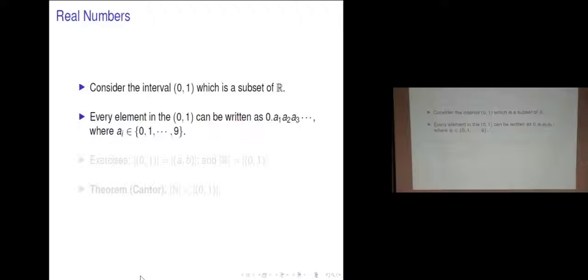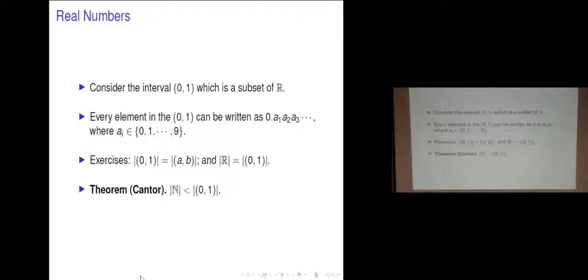So I can write the points between 0, 1 as 0 dot A1, A2, A3. For example, A1 could be 1, A2 could be 2, A3 could be 0, and so on and so forth, right? This part I don't care about.